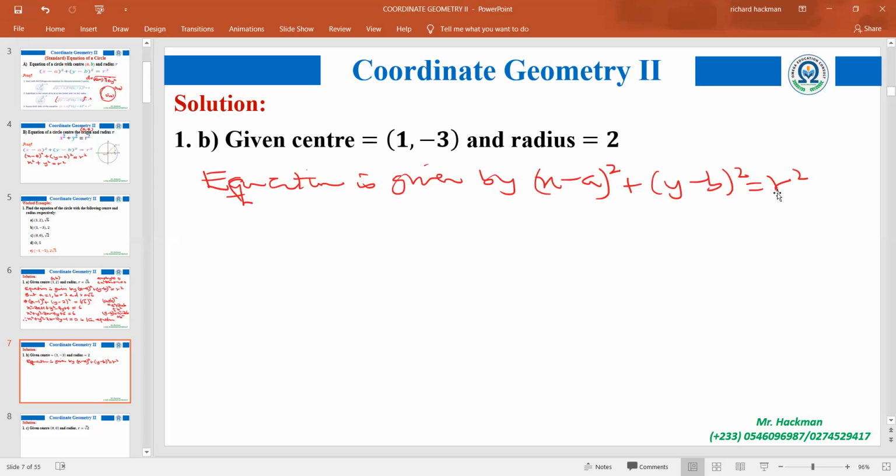So where can I get my a? Remember I said the center is (a, b). My a is the x coordinate of the center, and that is 1. b is the y coordinate of the center, and that is -3. And my r is the radius, which is 2. Is that clear?